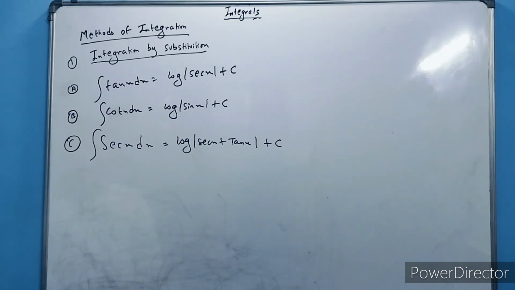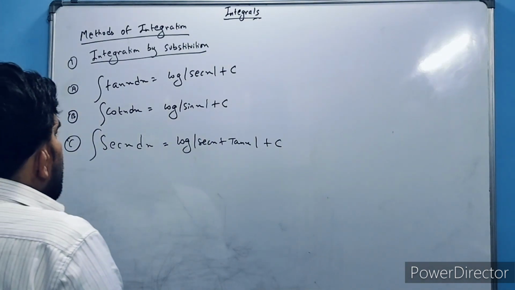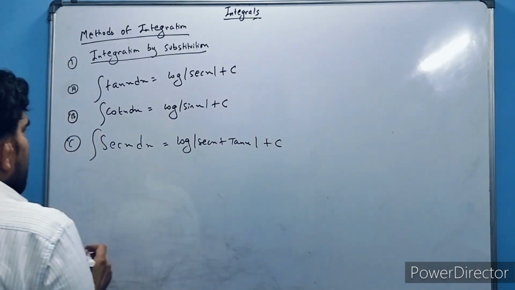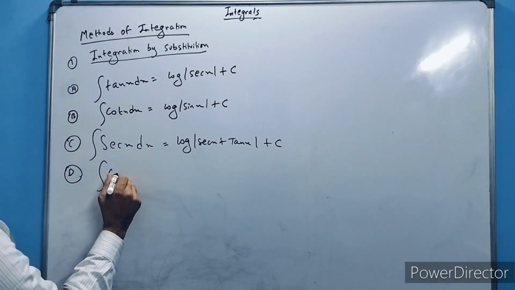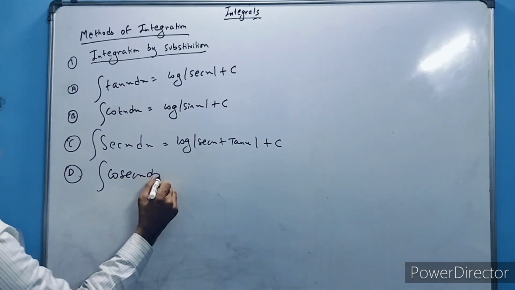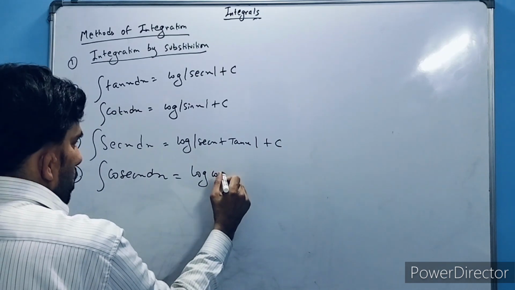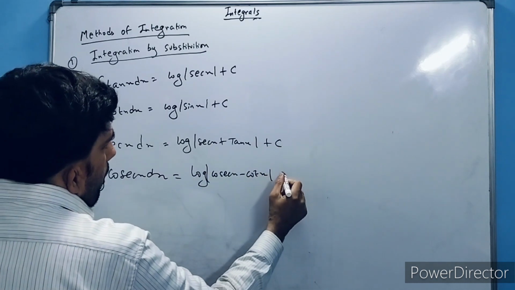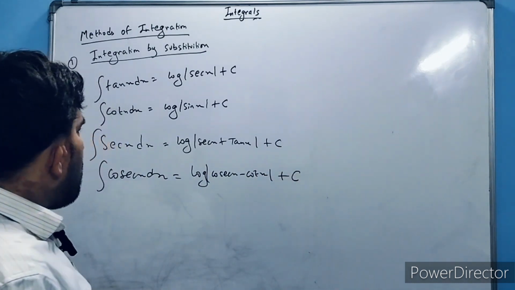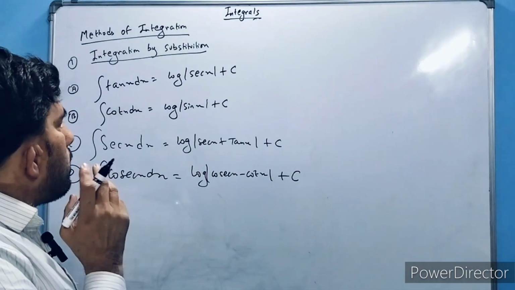Similarly, we have the integral of cosec x dx, which is log cosec x minus cot x plus c. Okay, so likewise we can easily use this method in these formulas.